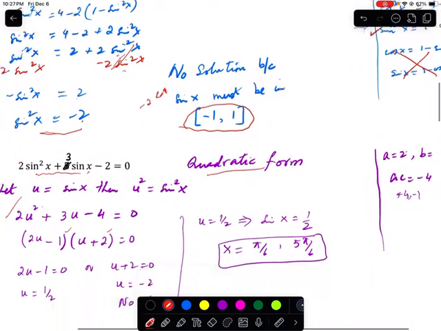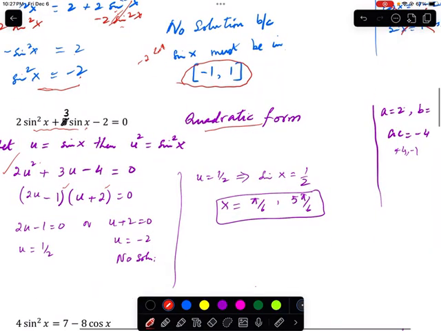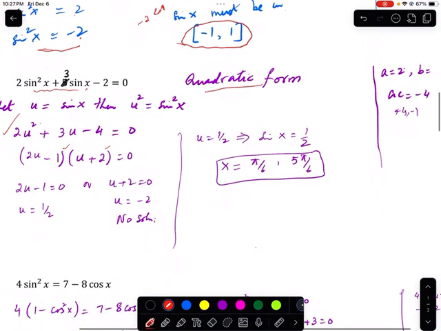It is outside that interval. The other value, u equal to 1/2, becomes sine of x is equal to 1/2, and we know that this happens at these two angles: pi over 6 here and 5 pi over 6 over here. So that's how we do this question.